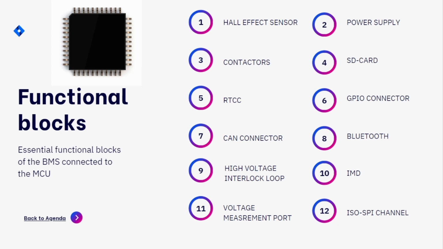And next is RTC, that means a real-time clock and also a calendar. Next one is a GPIO connector, CAN connector, Bluetooth, high voltage interlock loop. Also IMD, which means insulation monitoring device. Next one is the voltage measurement port. Next one is the communication channel port, that means the isoSPI channel. So let's see one by one.